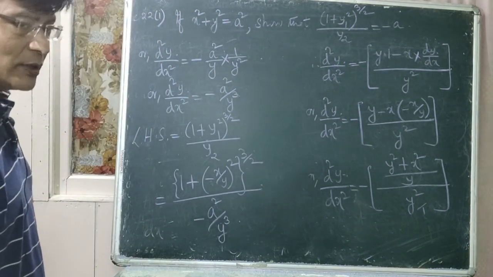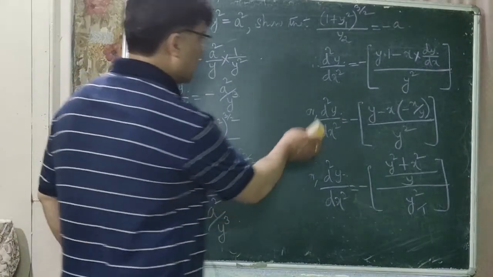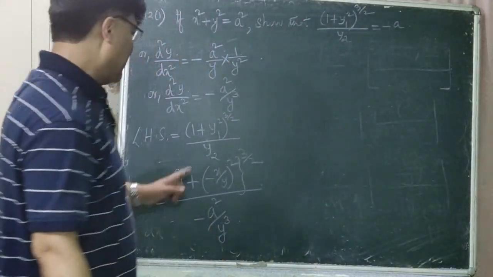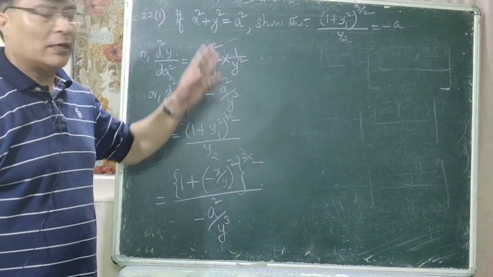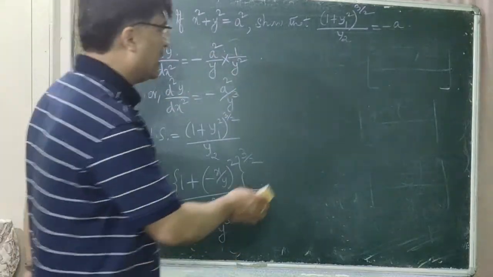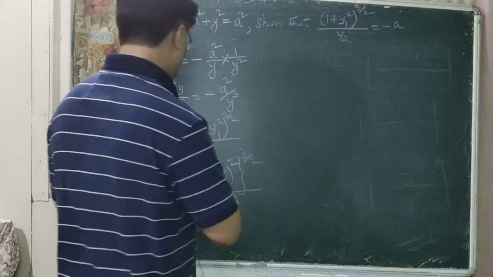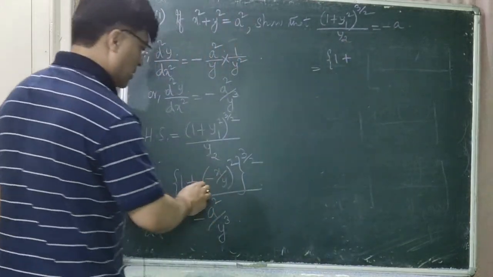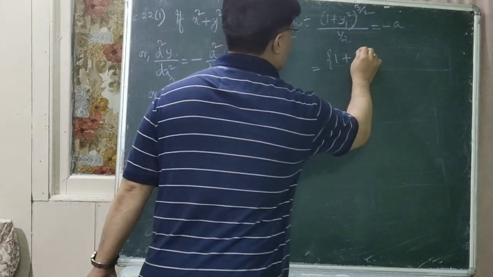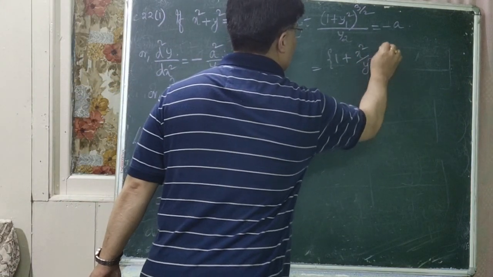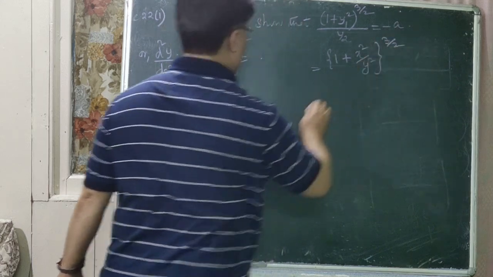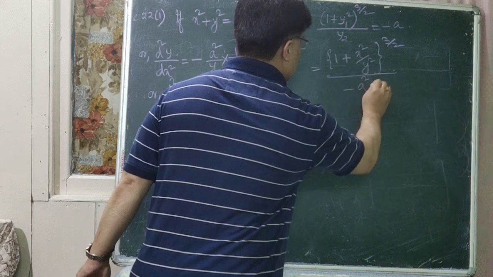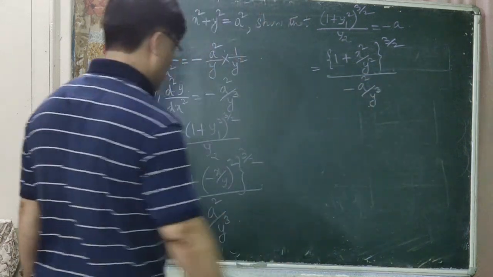Is that clear to all of you? Now let us simplify it again. So now let us simplify it in order to prove right hand side which is equal to minus a. Okay, so let us prove it now. So which is equal to, within second bracket, 1 plus minus whole square is plus, that is your x square by y square, second bracket closed, whole to the power 3 by 2 divided by minus, this is your a square by y cube.